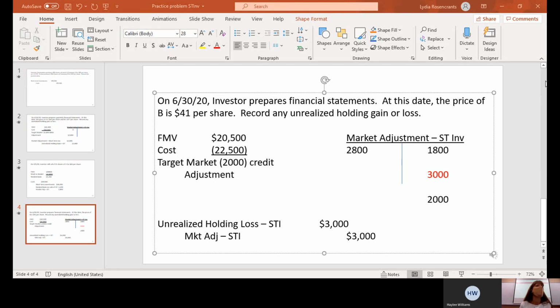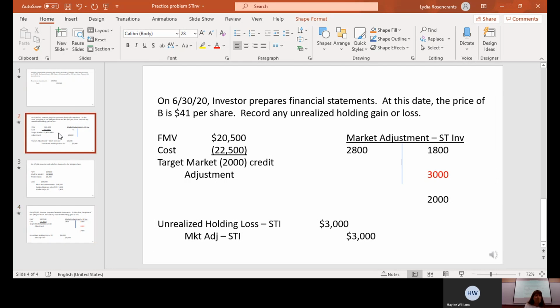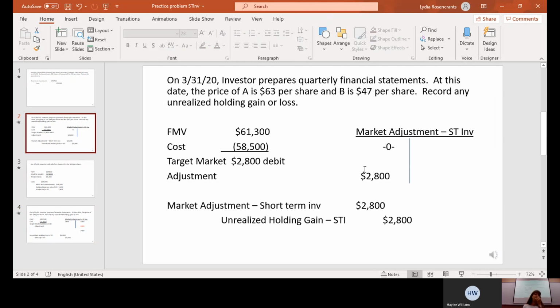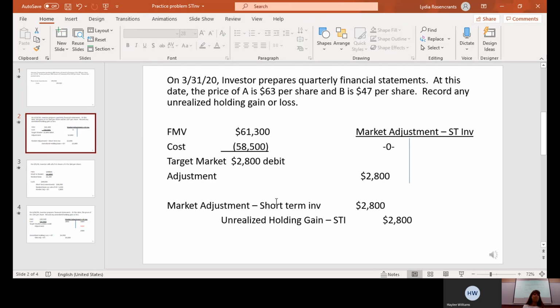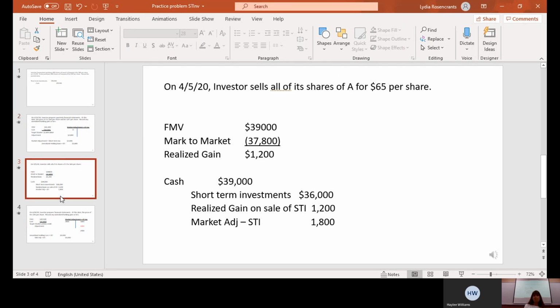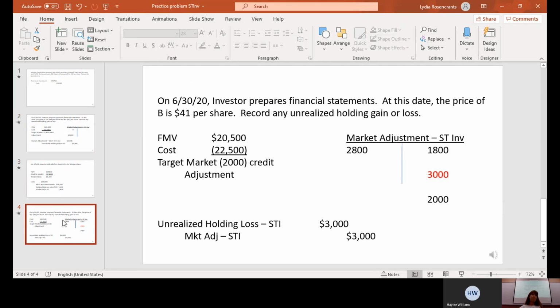So yeah, Cindy. It's not different. It's just easy. This very first one, yeah. So we started slowly with short-term investments in here. When WebWorks purchased them in year 2, all we did was the purchase journal entry, and that was it. Then in year 3, they sold one, so we had to do this, and then we had to revalue again at the end of year 3.